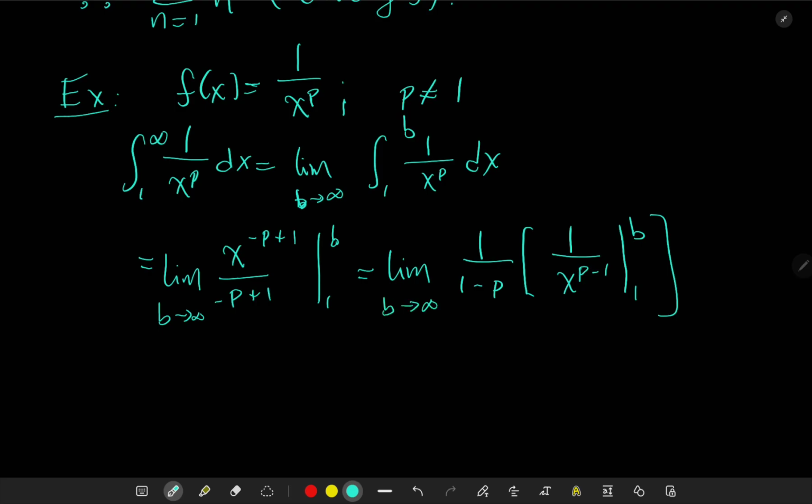The 1 over 1 minus p doesn't really affect us at all. For the convergence, the value of the integral is not what matters. What matters is whether it converges or diverges. So let's take a look at that.